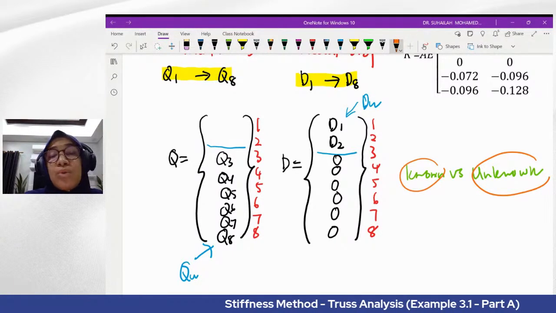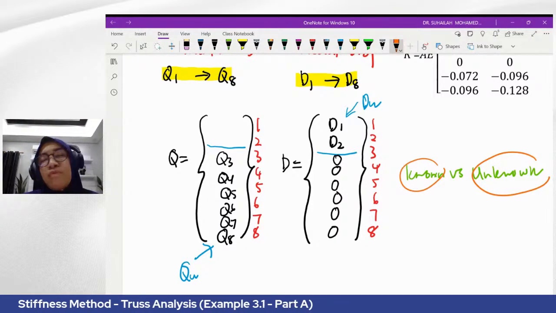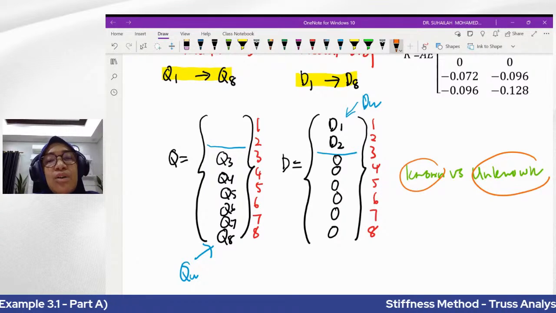So what is Q1, what is Q2? Q1 and Q2, 1, 2, 3, 4, 5, 6, 7, 8, all this refers to the position of degree of freedom.